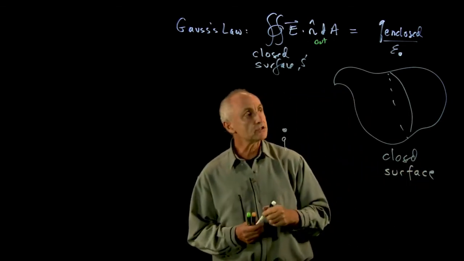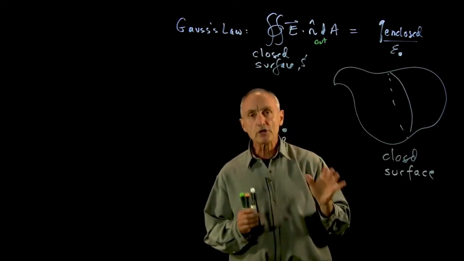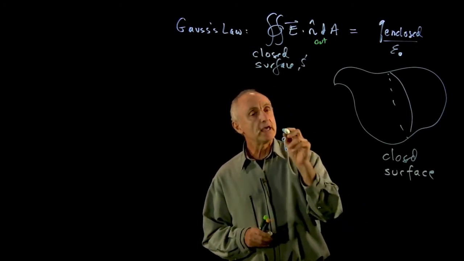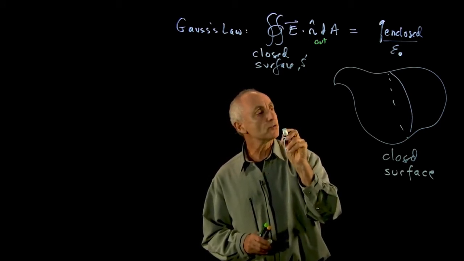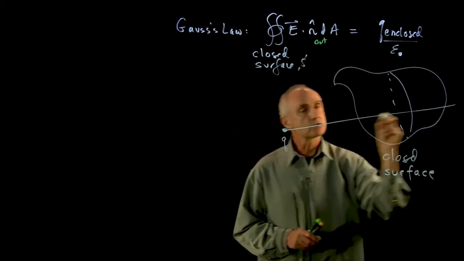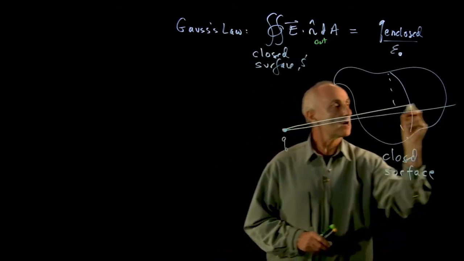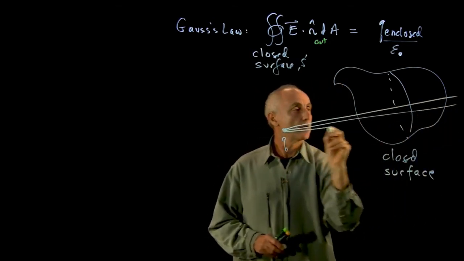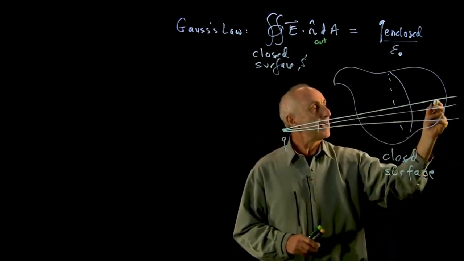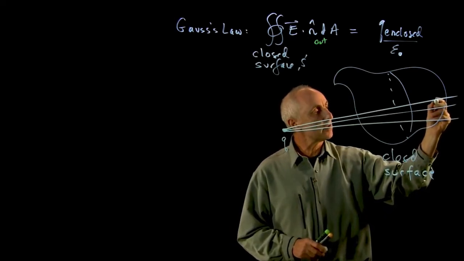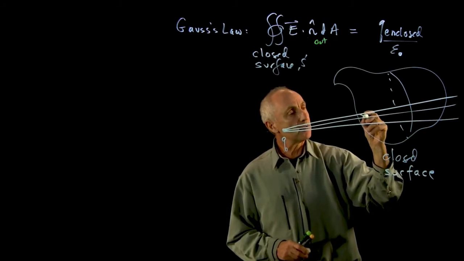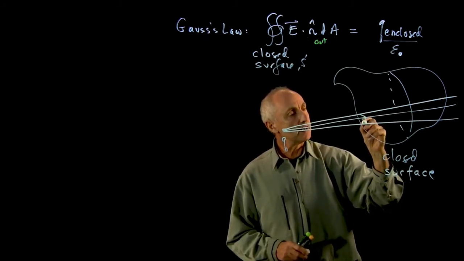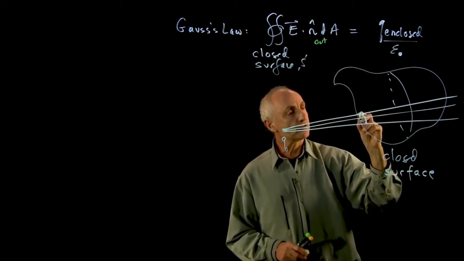And now what I'd like to do is look at the result that we had before. If I make small wedges through this surface, very tiny wedges through this surface, and outside here, the artwork is a little tricky to draw. Let's say these lines intersect the surface over here.